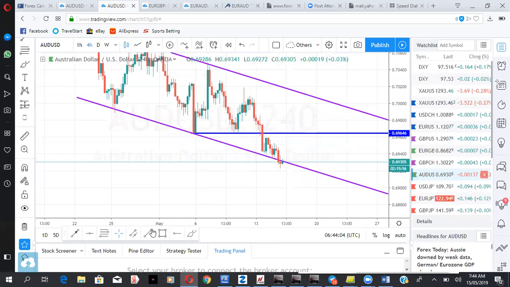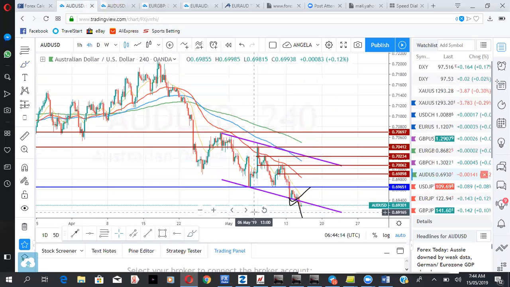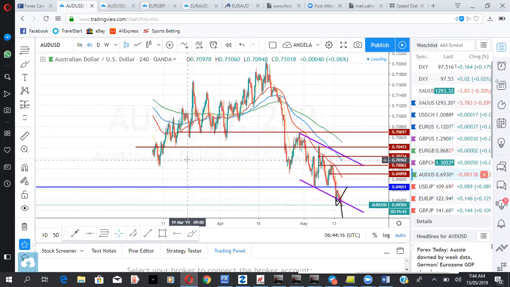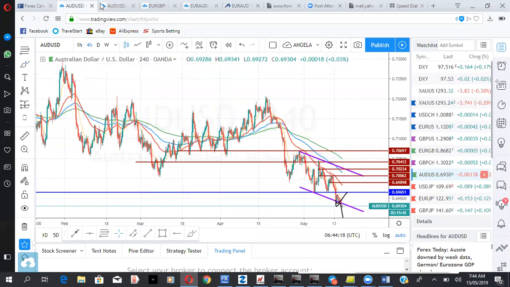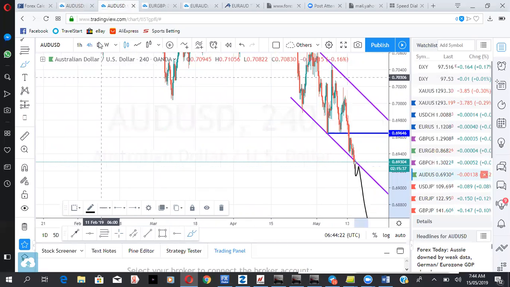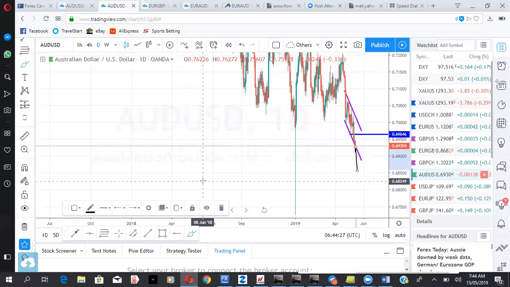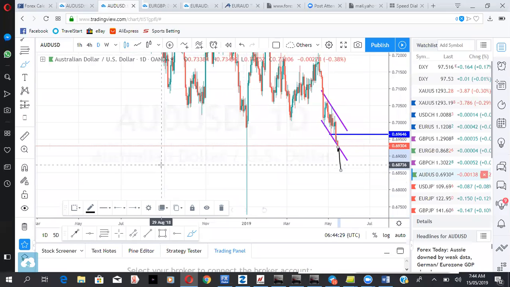You need to see a break, retest, and a move lower for this channel to give way. If not, there is a potential that the AUDUSD may start moving back up. Because if you look to the left, on this pair, you have this long spike down.